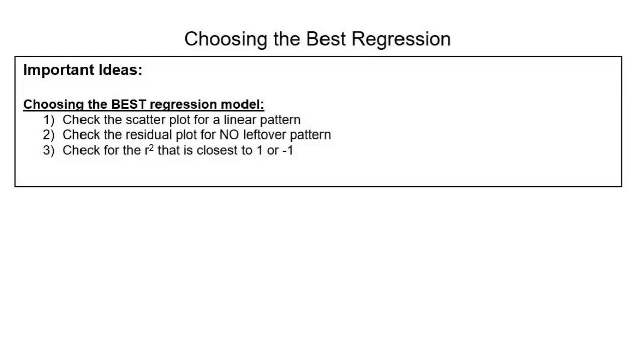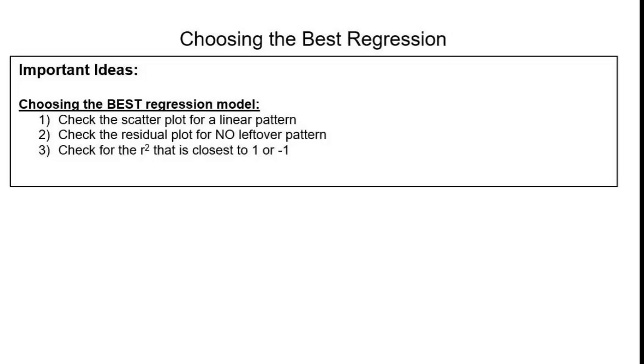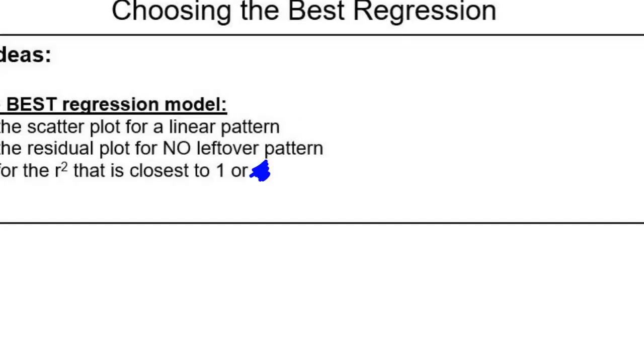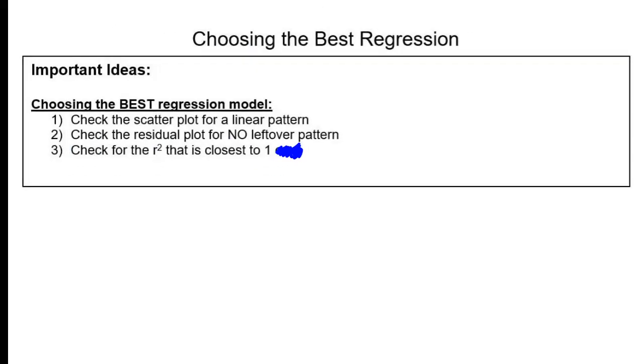Check for the r squared that is closest to, it can't be -1. Scratch that out. Since it's squared, it's always going to come out positive. You want the r squared that is closest to +1. So that's how we find our best regression model.